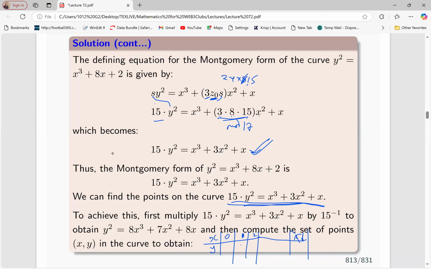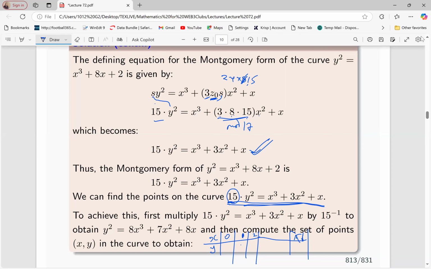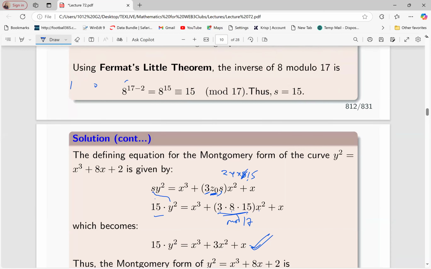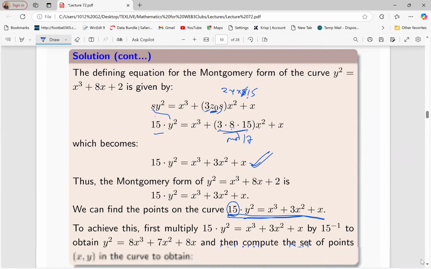I don't know whether you've realized that in this equation, you can multiply by the inverse of 15 on both sides. What was the inverse of 15? 15 was the inverse of 8, so that means the inverse of 15 is also 8.